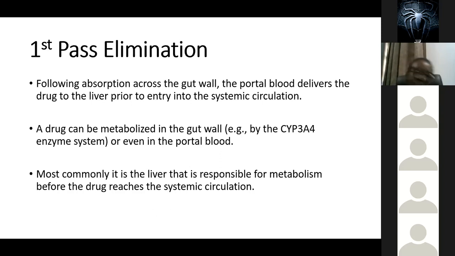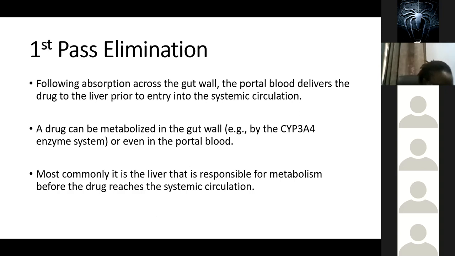Then from the liver, the body determines what should go into the systemic circulation. So when the medication has passed through the gut wall and is in the portal blood, this portal blood will now deliver the drug to the liver prior to entry into the systemic circulation.